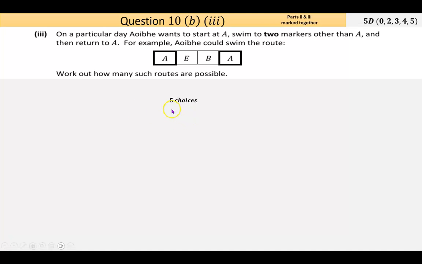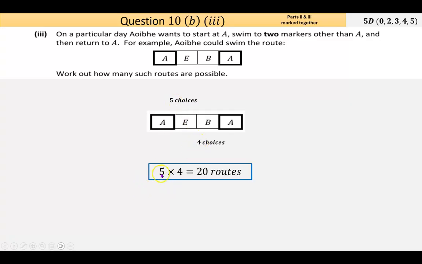But the answer would be simply that there's 5 choices initially. Then there's 4 choices she can make on the second marker, and then back to base. So she had 5 choices and 4 choices. 5 times 4 is 20. Again, there are other ways of doing that. There's permutations and combinations, which is where this is coming from. That might just be the simplest way of doing it.